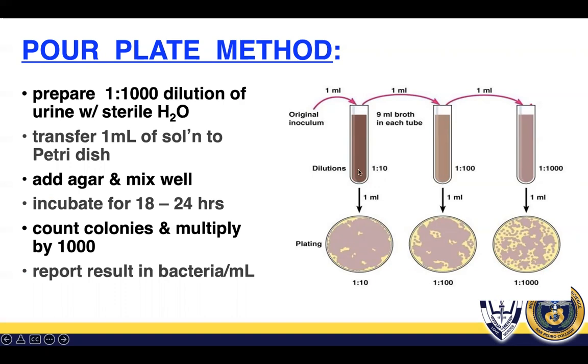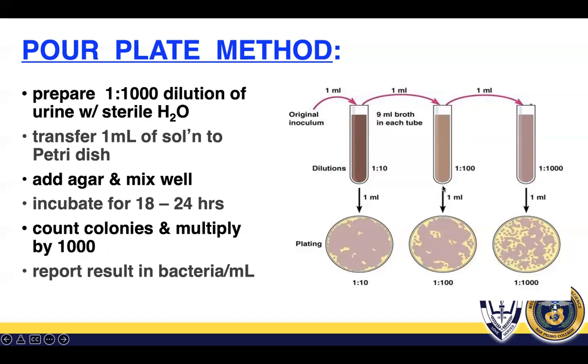Now, from this 1:10 dilution, collect 1 ml and move it into another tube containing 9 ml of sterile distilled water. That would give you a dilution of 1:100.